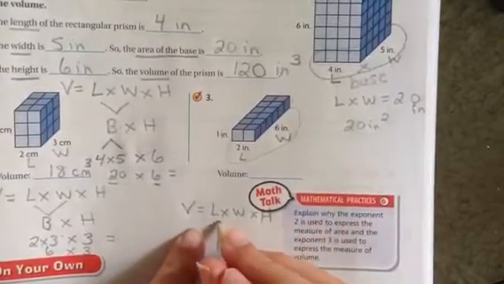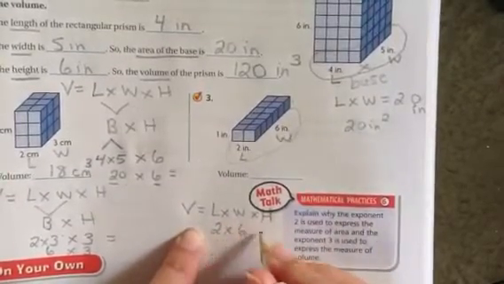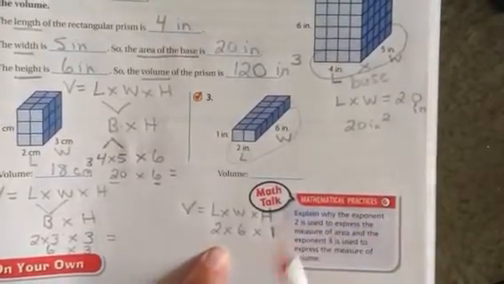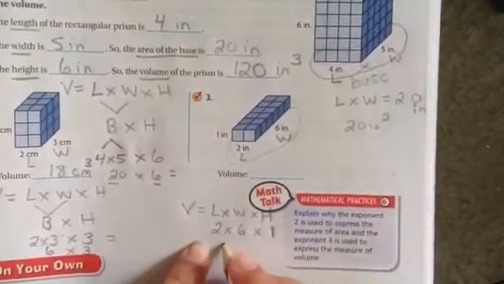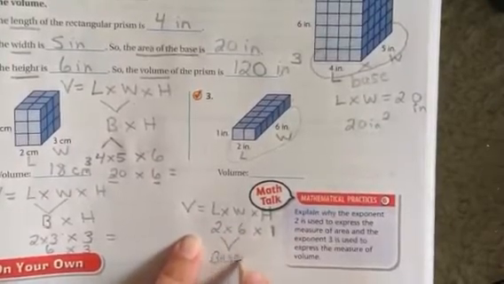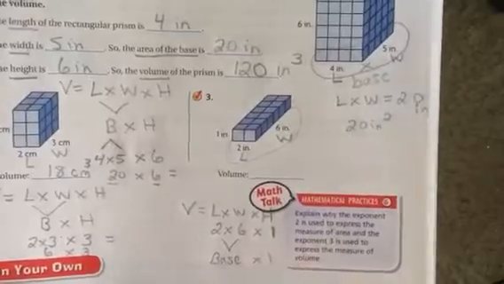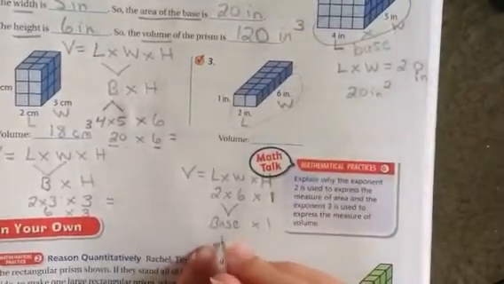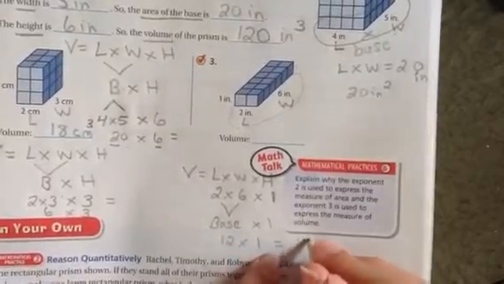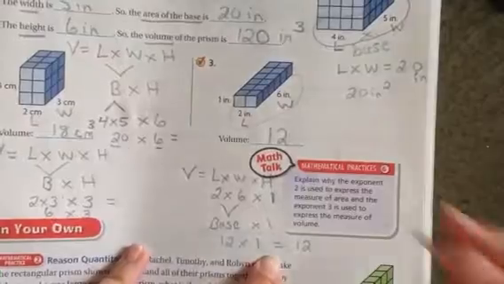So 2 times 6 times 1. So 2 times 6 is our base, times the one layer. So 12 times 1 equals 12. Look at your cubic units.